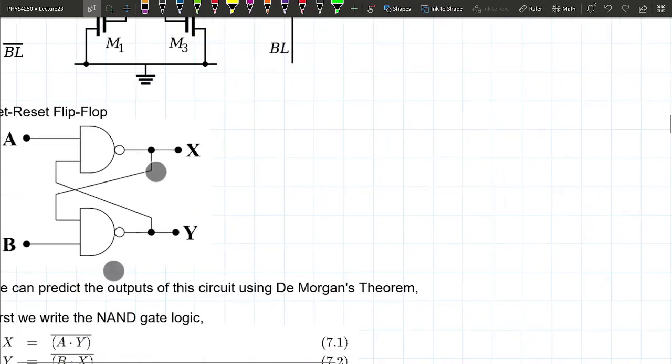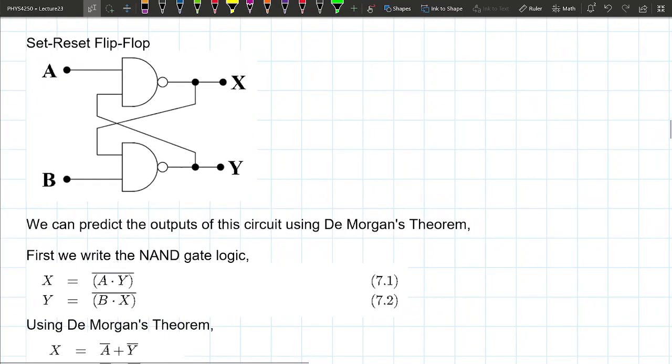So I'm going to start with this thing called a set reset flip-flop. Hopefully you recognize this symbol. What kind of gate is this? It's a NAND gate, and there's another NAND gate on top. This arrangement is a little wonky, because usually with NAND gates you have 2 inputs that you can flip with a switch.